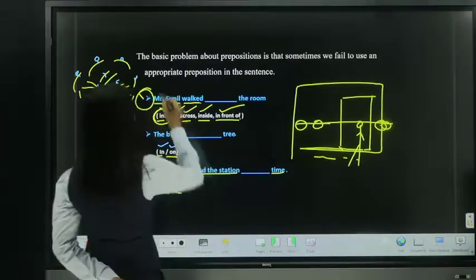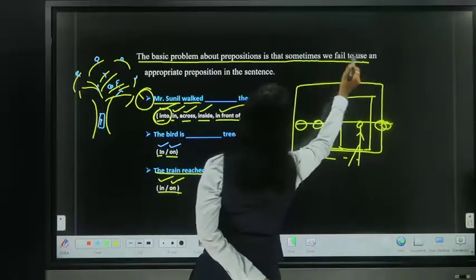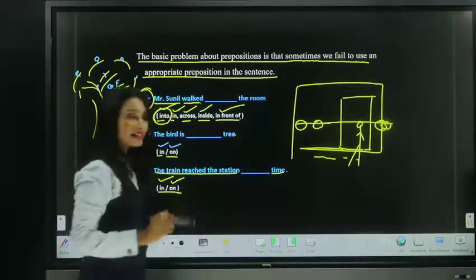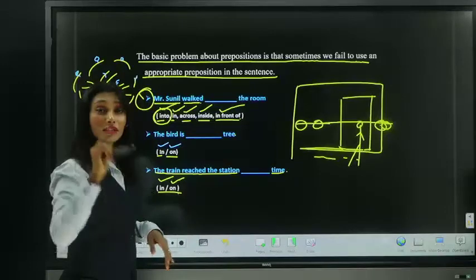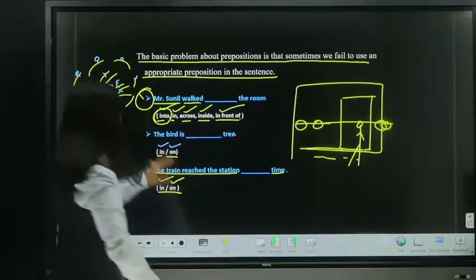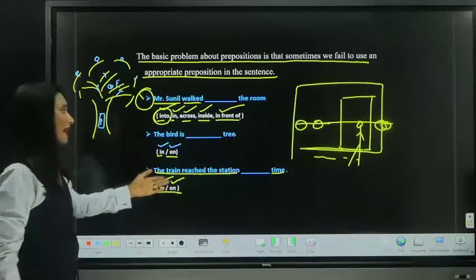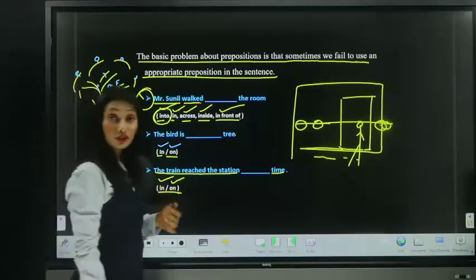So do remember, the basic problem about prepositions is that we fail to use an appropriate preposition in the sentence, because all may be appropriate, all may be inappropriate. It depends upon the situation. It can be in the tree, on the tree, inside the tree. It can be in time or on time. It can be anything. It depends upon the situation.